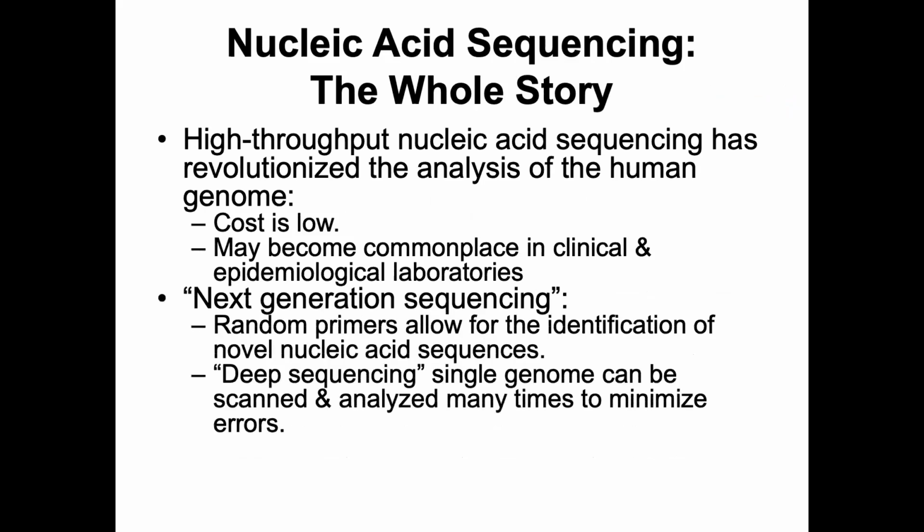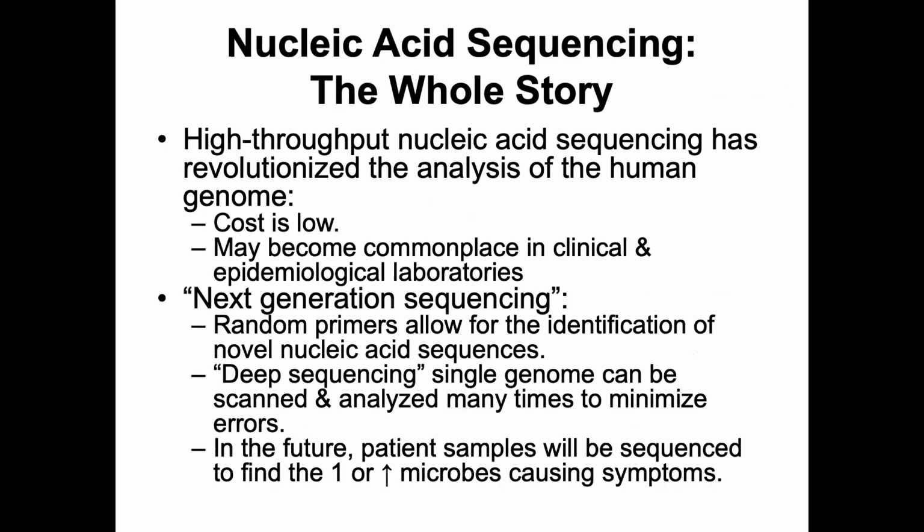We can now take the sequence of entire genomes of organisms in a relatively short time. This is called next generation sequencing. This allows us to get a lot of information very rapidly that we couldn't produce before with other methods.